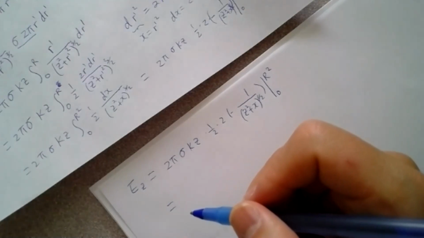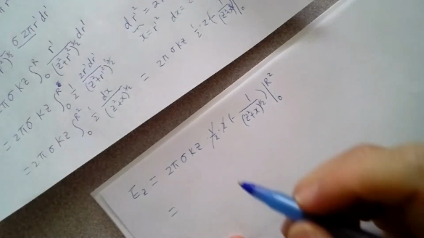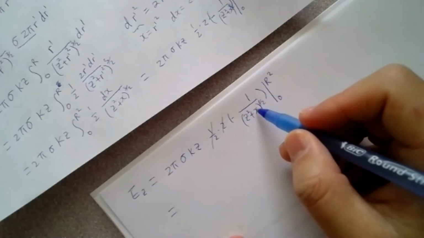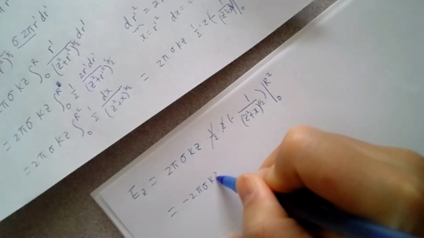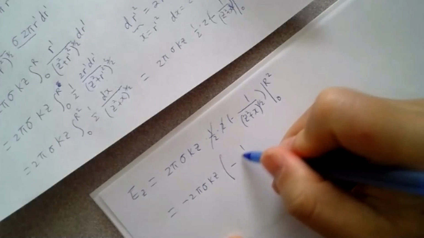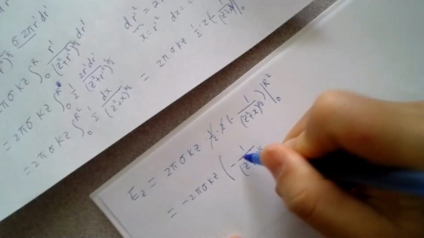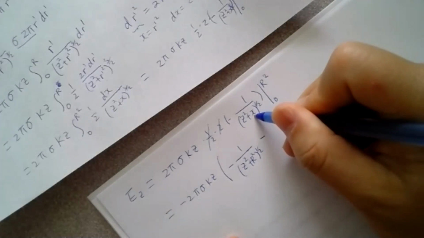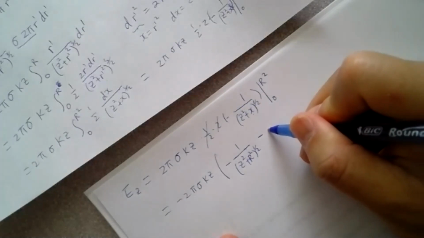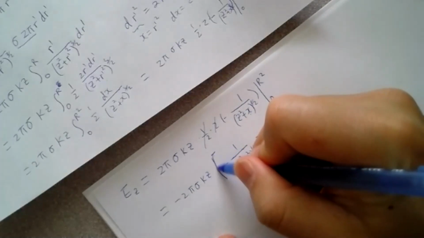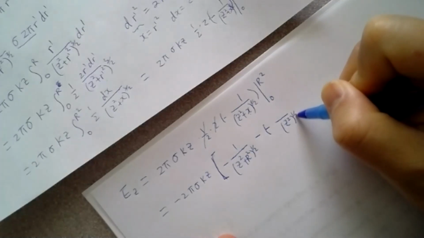So that cancels out. For R squared, you put that R squared over there, so it's minus 2 pi sigma kz times minus 1 over z squared plus R squared to the 1/2 power, minus, you put 0 in here, a minus term, z squared to the 1/2.